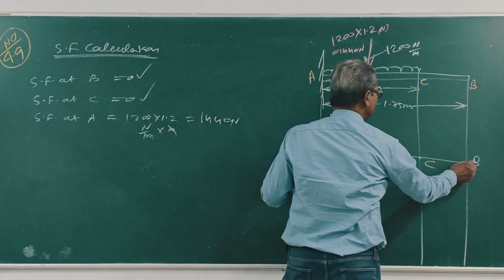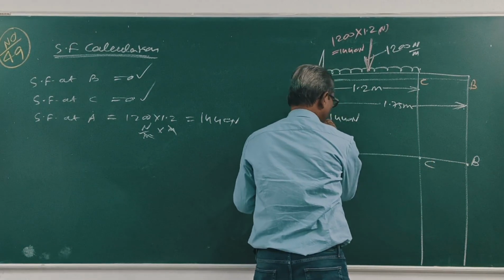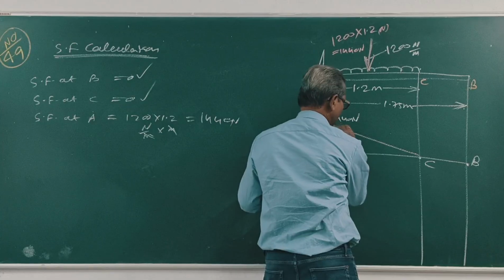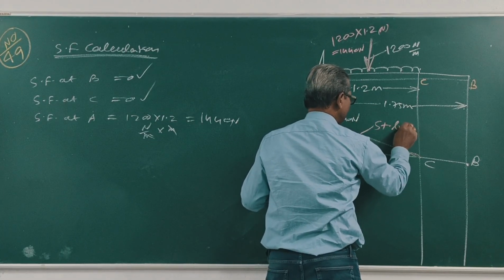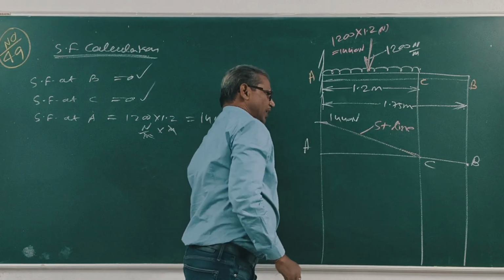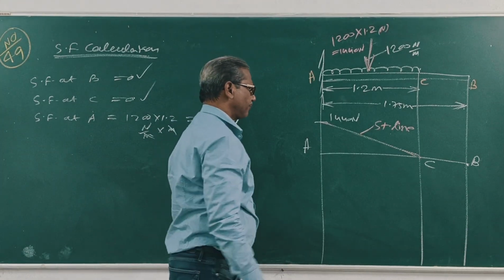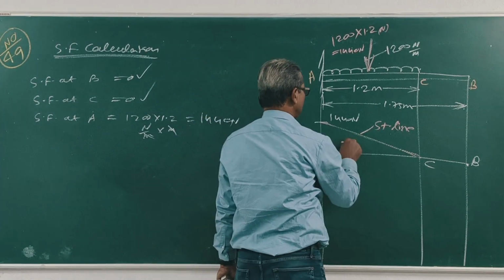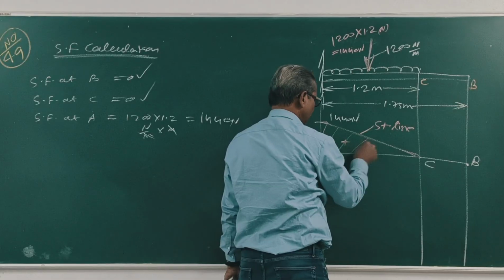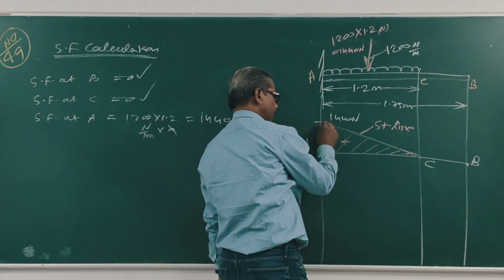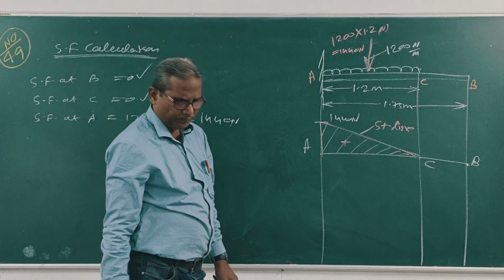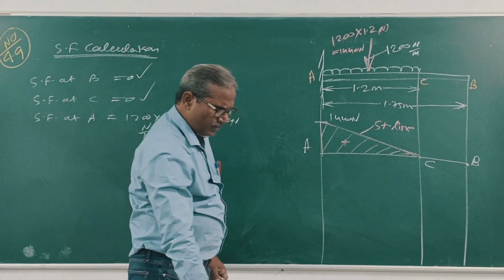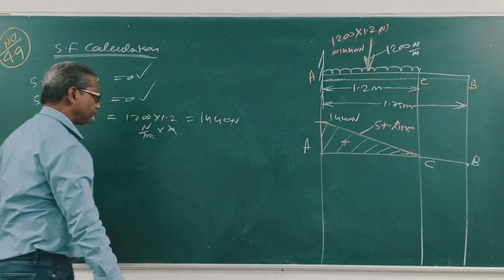So it is 0, 0, 1440 Newton, a straight line, because it is first degree of x. Clear? Are all values positive? This is the SF diagram. Next, calculation for bending moment.